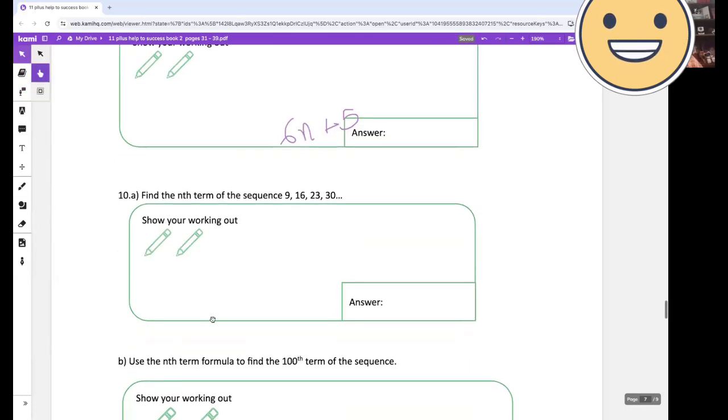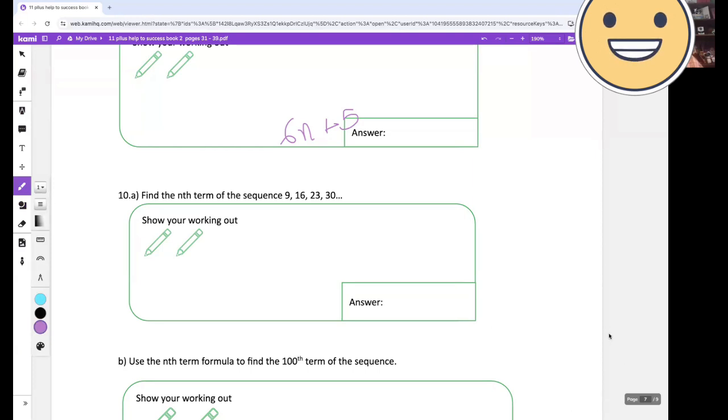And we are on number 10 now. So who wants to give number 10A? Okay, who wants to give the 10th one here?